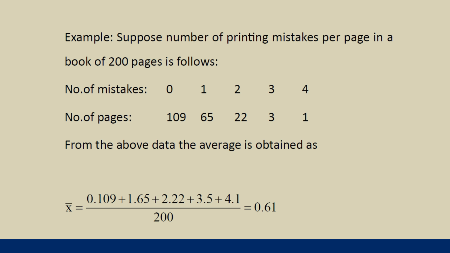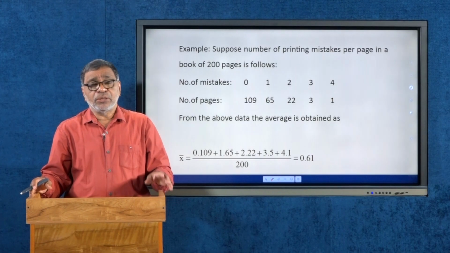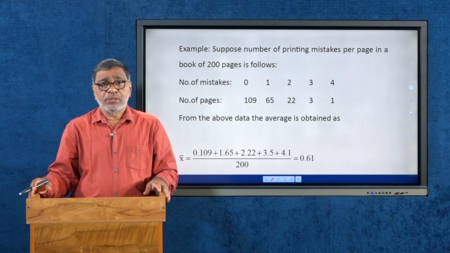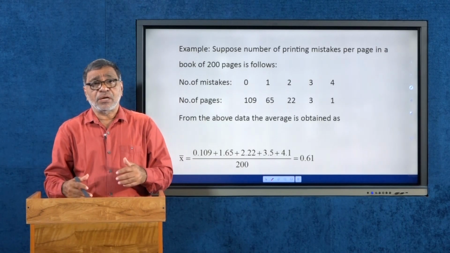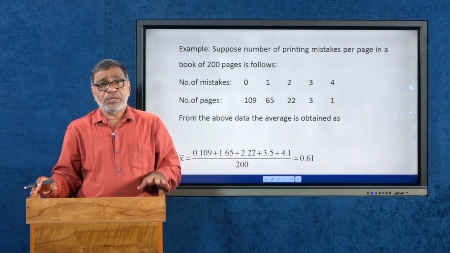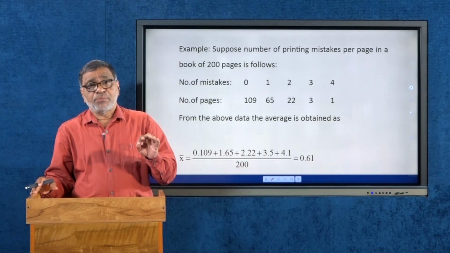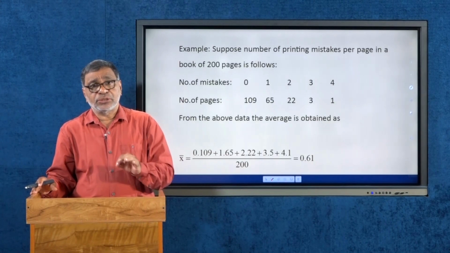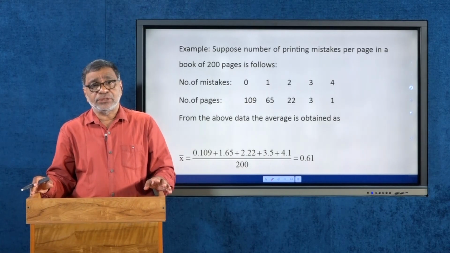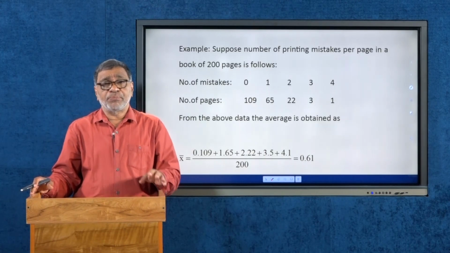Suppose the number of printing mistakes per page in a book of 200 pages is given to you. You are given the observed frequencies, that is, the pages containing 0 mistakes, pages containing 1 mistake, pages containing 2 mistakes, etc., up to pages containing 4 mistakes in a book of 200 pages.